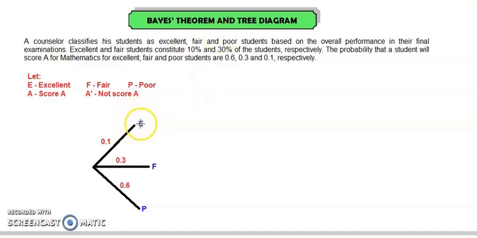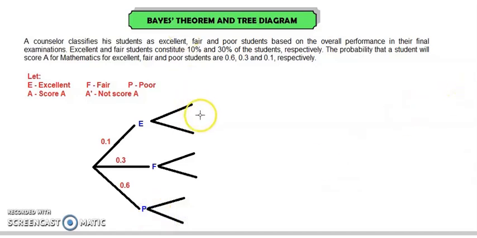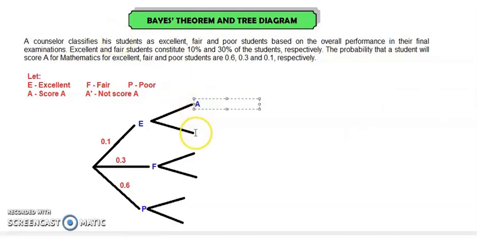For an excellent student, either he will score A or he will not score A. Similarly, for a fair student, either he will score A or he will not score A. And the last one for P also similarly, either score A or will not score A. Then put labels. Score A is A, not score A is A prime.